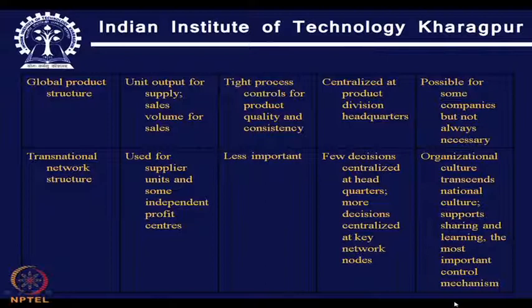In decision making control, decisions are centralized at the product division headquarters, and organizational control is possible for some companies but not always necessary.